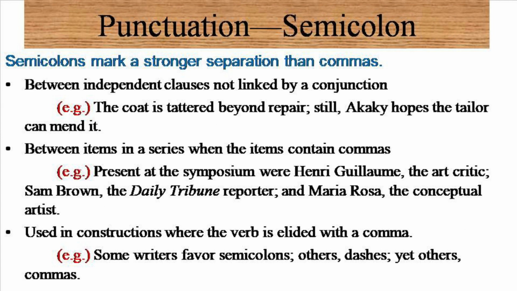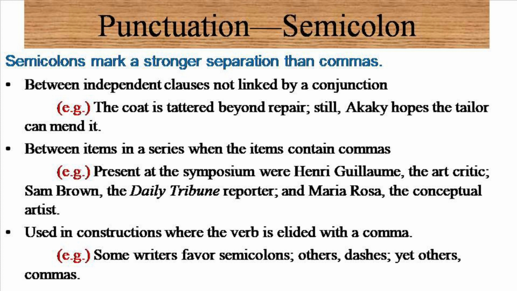Now let's see about semicolon. Semicolons, they mark a stronger separation than commas. Between independent clauses not linked by a conjunction, a semicolon is used. It's also used between items in a series when the items contain commas.